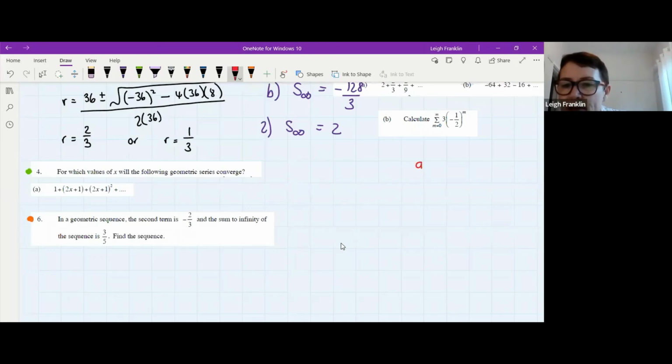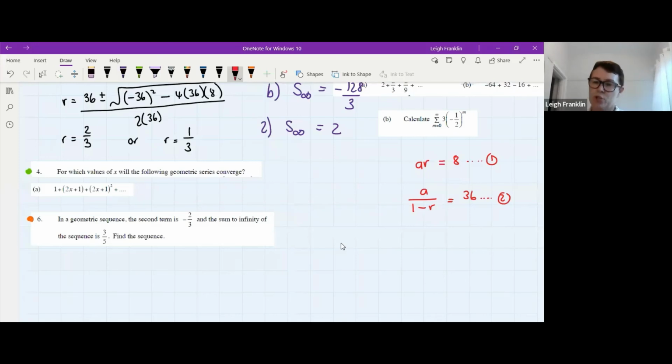So you saw me say the second term is 8, and you also saw me say that the sum to infinity is 36. So there is equation number 1. Here is equation number 2.